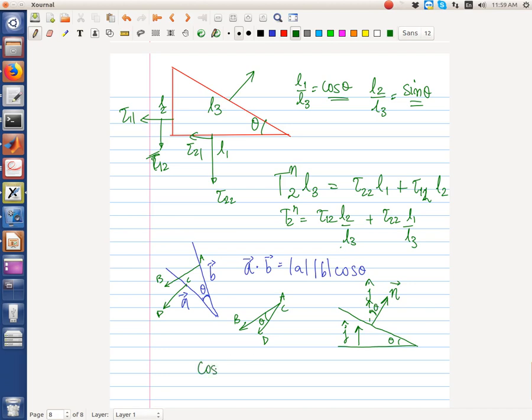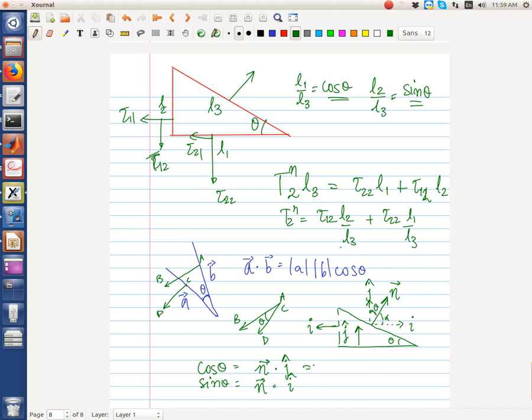So cos theta is essentially n vector dot j, and sin theta is similarly n vector dot i, because this direction is i. So if I can flip and superpose this over here, sin theta is essentially cos of this angle. So this is the angle between n and i. So it becomes sin theta. If this is cos theta, this is sin theta. Okay, as easy as that.